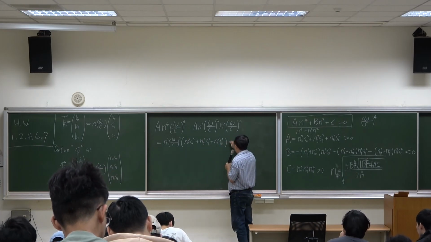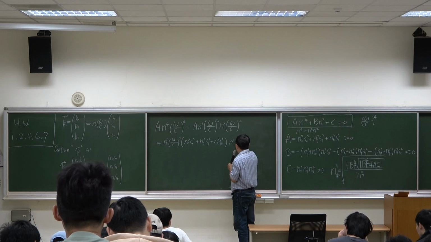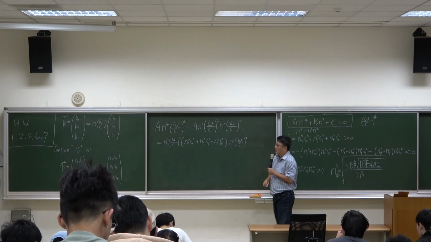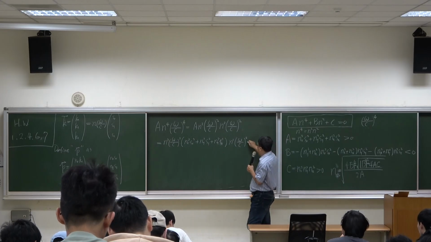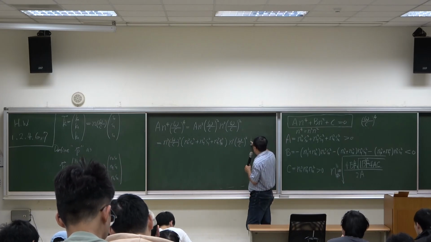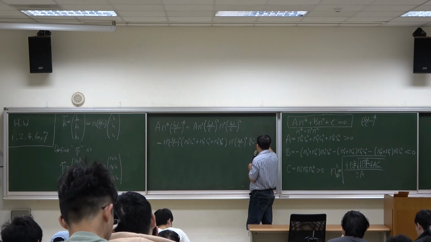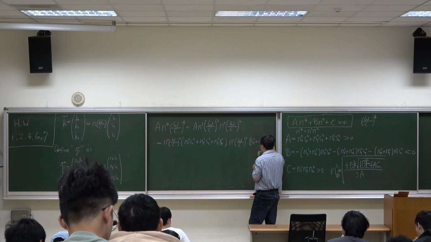Okay, times n squared omega over c squared times 1. 1 is equal to sx squared plus sy squared plus sz squared. Okay?